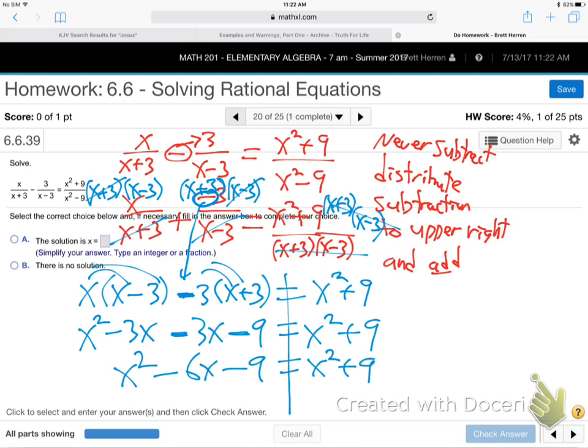Good. Notice we have x squared on opposite sides there. What do we do when we have x squared on opposite sides? Just get them out of there. They're just going to drop out. So minus x squared, gonzo, totally gone.